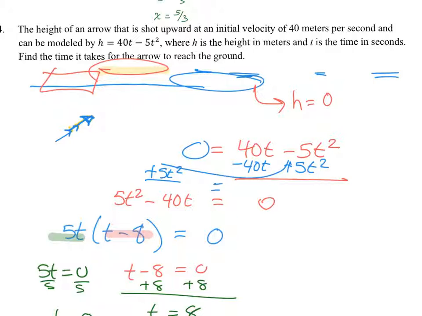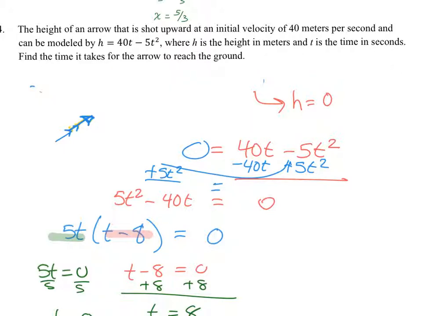Now, please remember this is a real world application, which means you got to look at real world time, real actual common sense. Even though mathematically in 0 seconds it's going to be on the ground, that's basically implying that you never shot it.